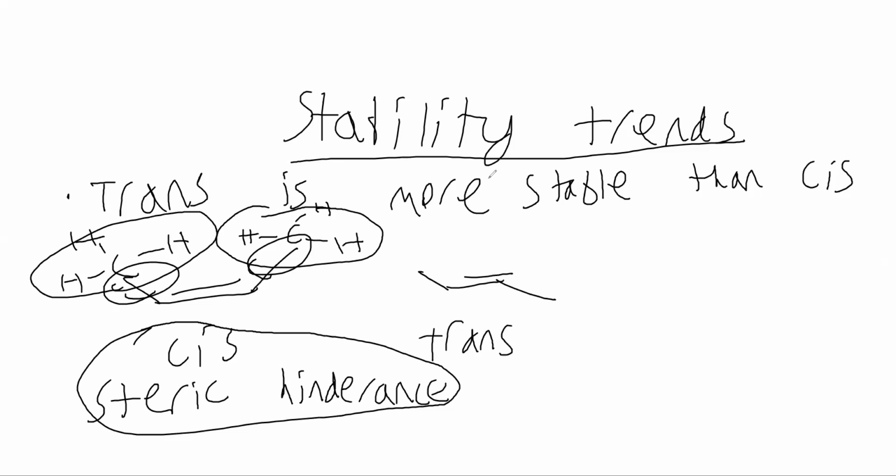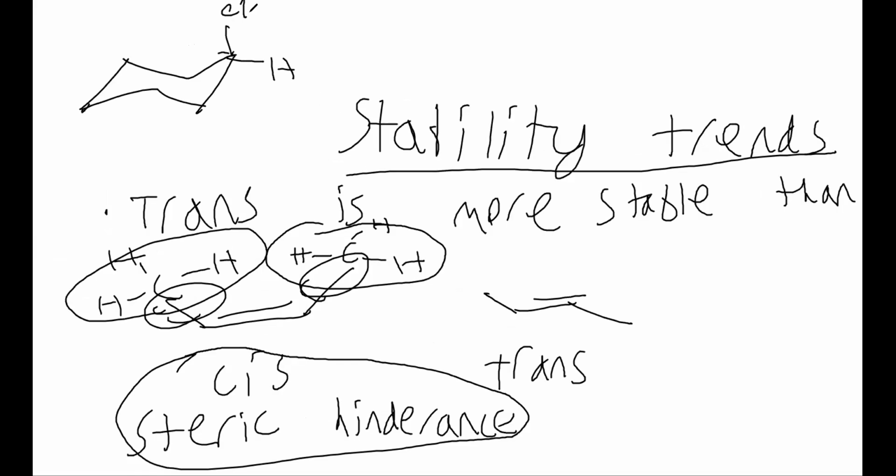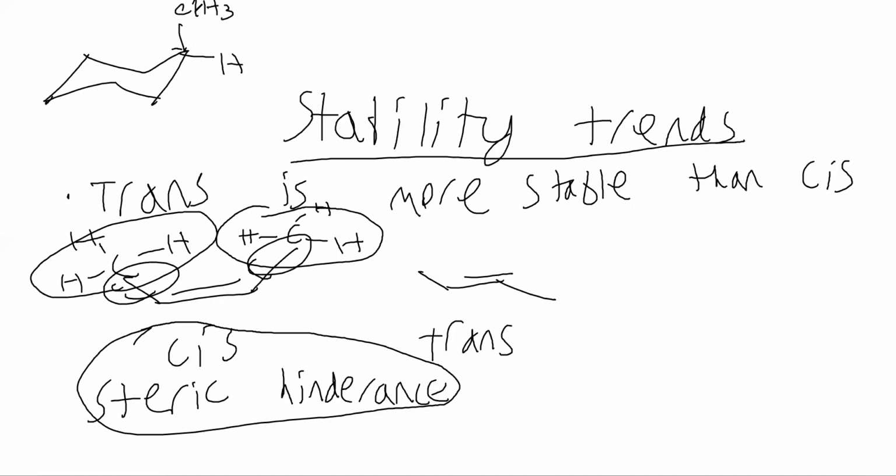And we saw this in the past with the chair conformation. So like a methyl group up here would interact with the hydrogens that are like 2 carbons away in the chair in a 1,3-diaxial interaction.